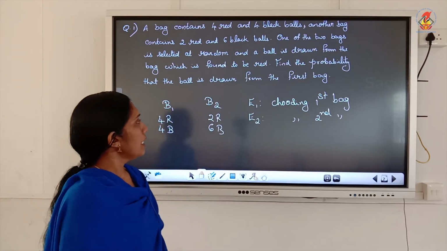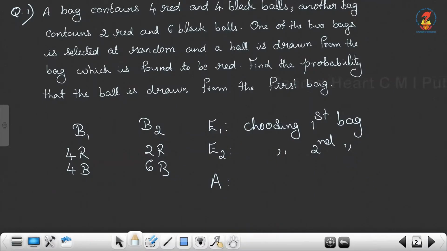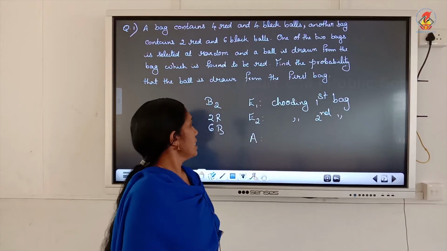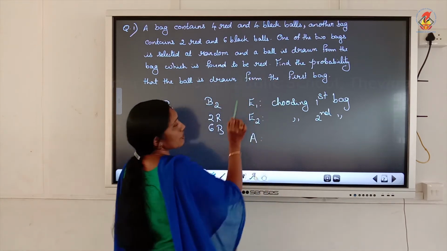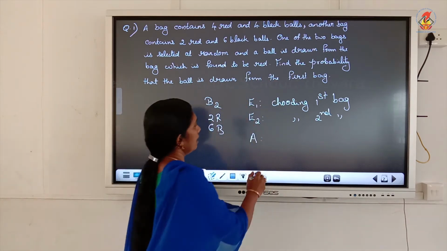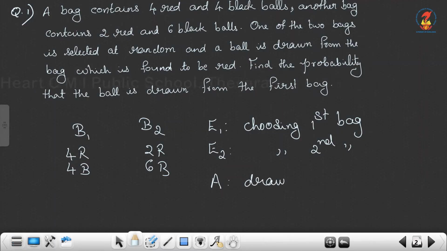Then one more event, that is A. In that Bayes theorem result we have E's and A. So A means the ball drawn, which color? Red color. So drawing a red color ball.